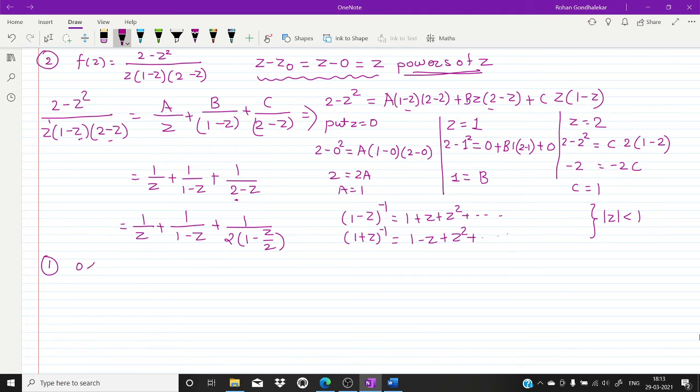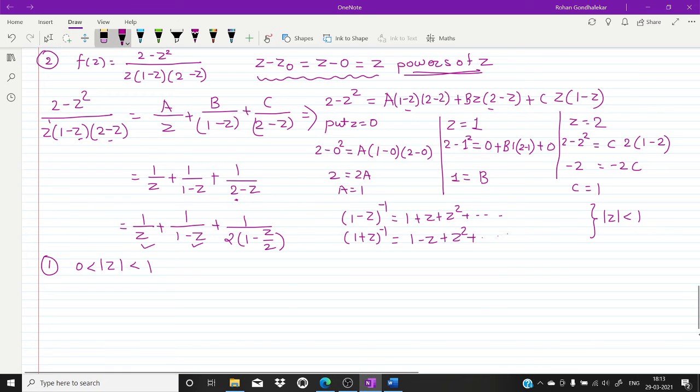Now for the first region. What is the first region? 0 is less than mod z is less than 1. Now just have a look at the first term. Already the first term is in the powers of z, that is negative power of z. Look at the second term, 1 upon 1 minus z.